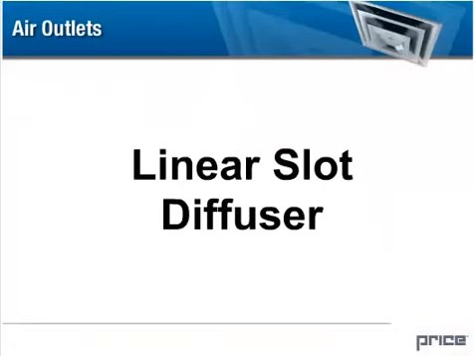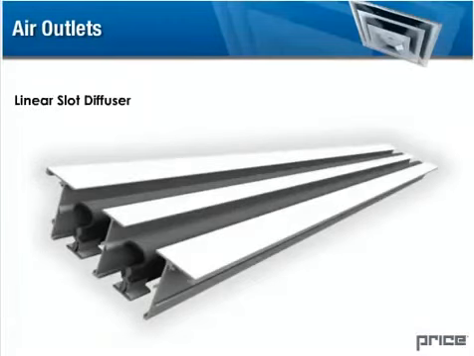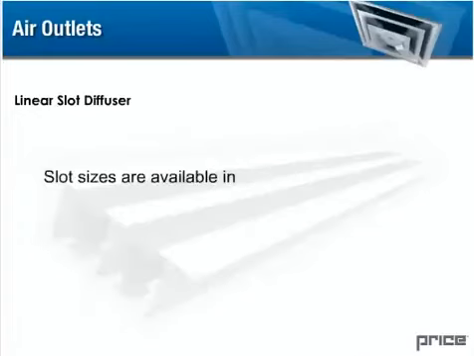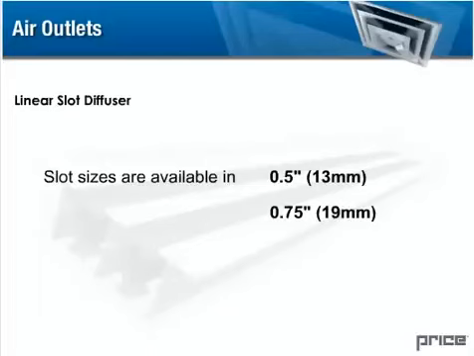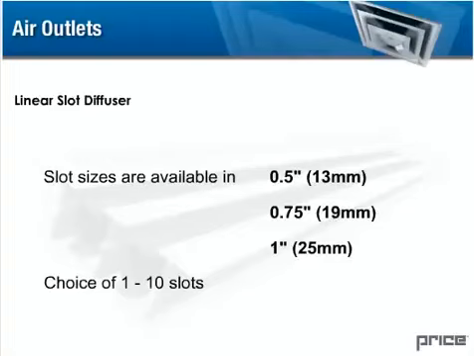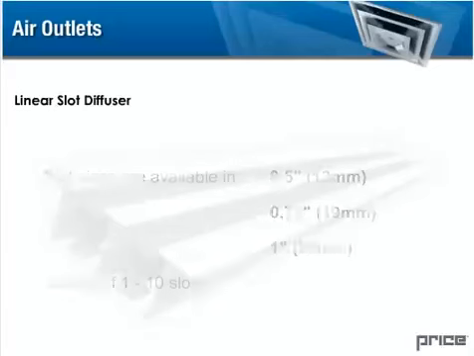Linear slot diffuser. Linear slot diffusers incorporate adjustable pattern controllers in a multi-slot configuration. Slot sizes are available in 0.5 inches, 0.75 inches, or 1 inch widths, and a choice of 1 to 10 slots. Adjustable pattern controllers allow horizontal left, right, or vertical discharge for maximum flexibility.